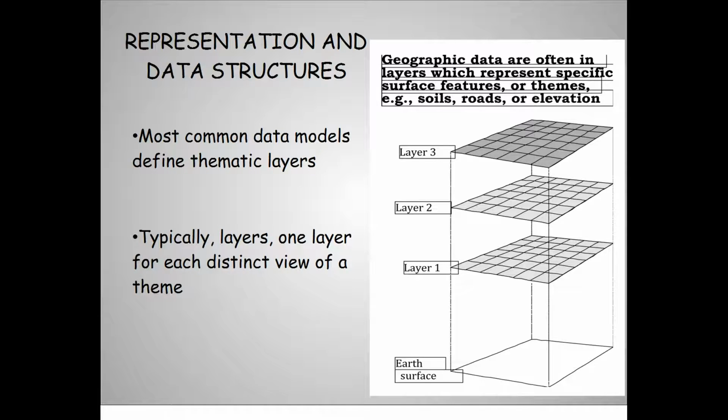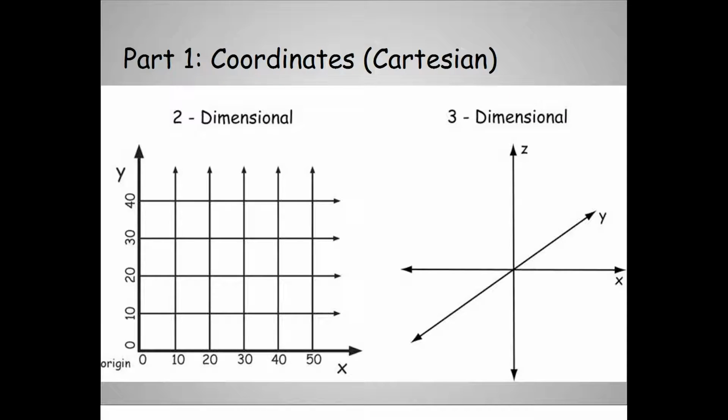If it's an attribute of the soil, like how many parts of whatever mineral you found in it, that's probably better as raster. If it's just the soil type, that's a label, probably pretty good as vector. So we already kind of talked about that: one layer for each distinct view or thing.